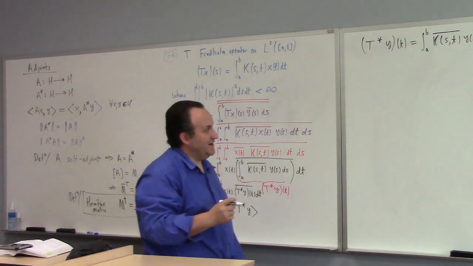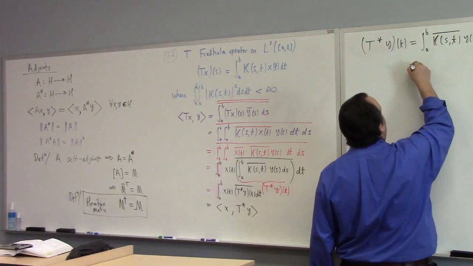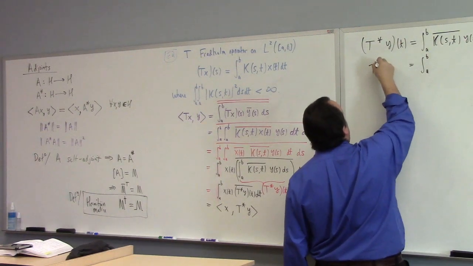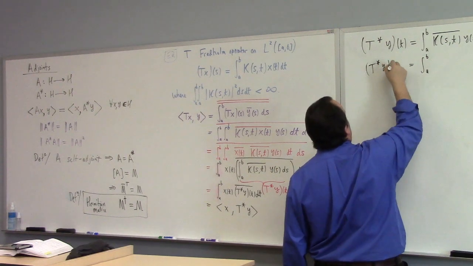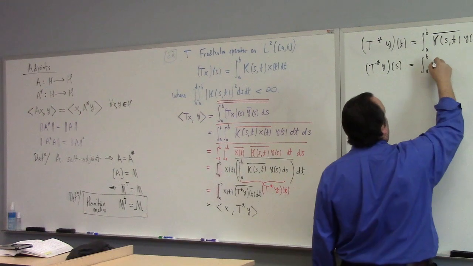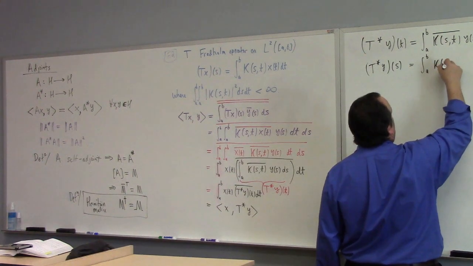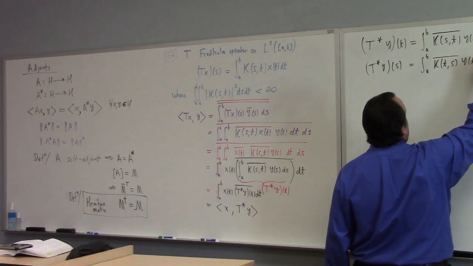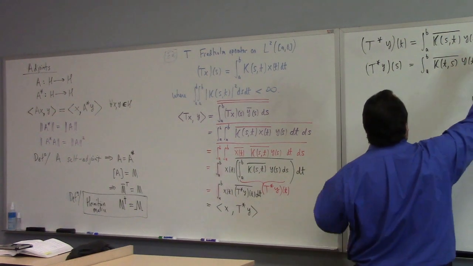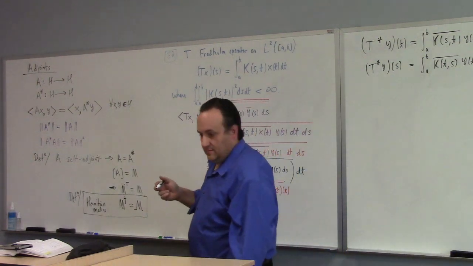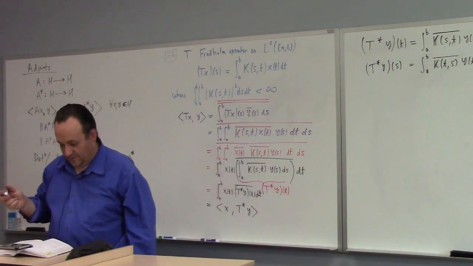Now he rewrites this, so he says that T star y of s is equal to the integral from a to b of k of t s conjugate y of t dt. So he changes letters on us, which is fine, they're variables.